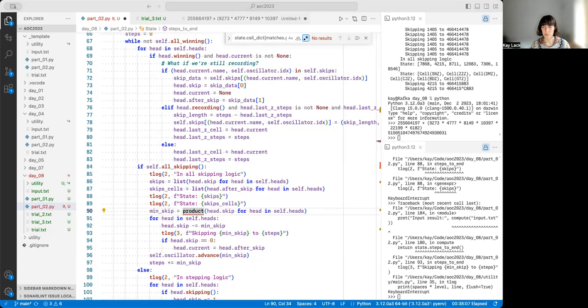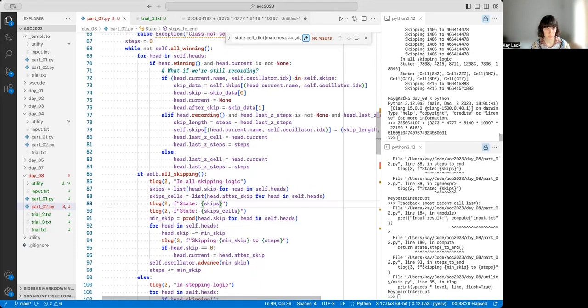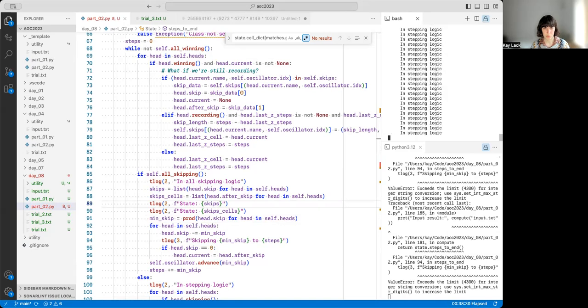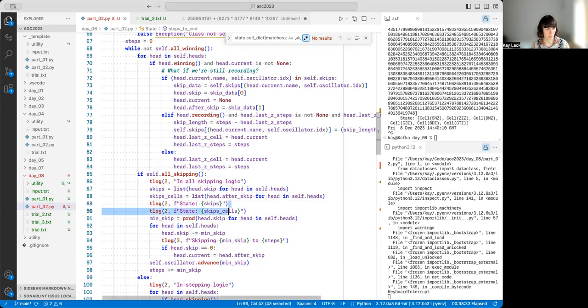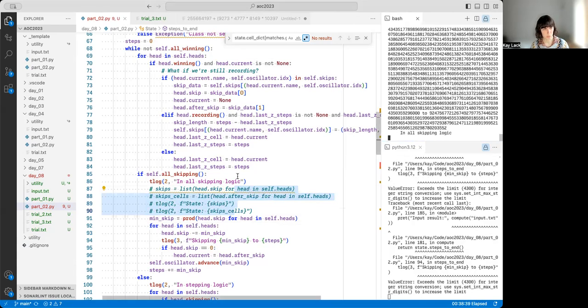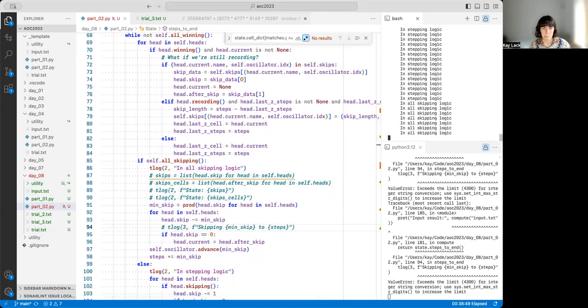Does it actually terminate? No, it doesn't.